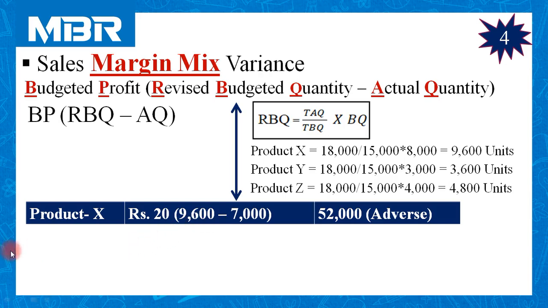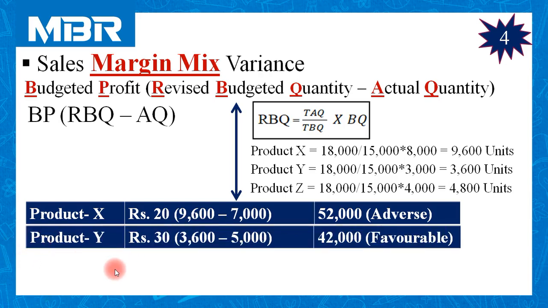So it is adverse. For product Y, 30 rupees budgeted profit, 3,600 revised budgeted quantity as we have completed the calculation just a moment before, minus actual quantity given in our question, 5,000 units, 1,400 units and per unit rupees 30.